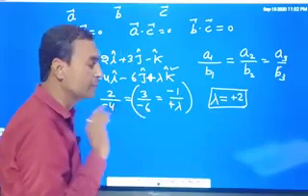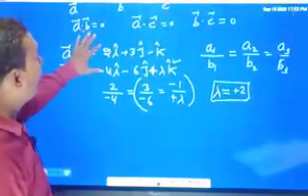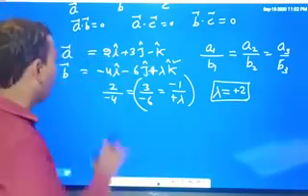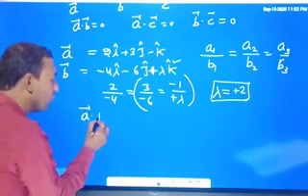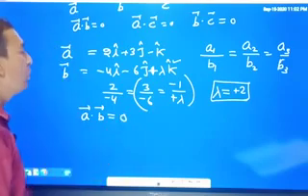Okay dear students, next is: find the value of lambda if these two vectors are perpendicular. When these two vectors are perpendicular, then we know if two vectors are perpendicular to each other, then a dot b equal to 0.